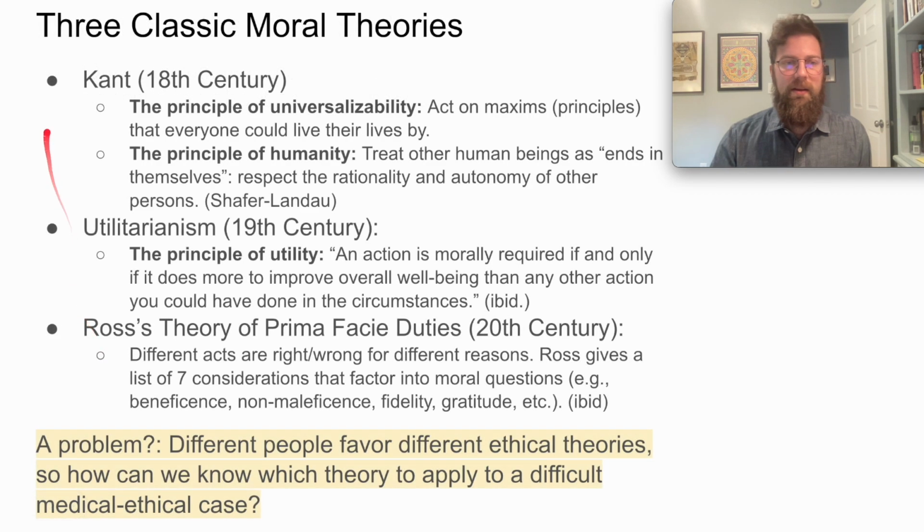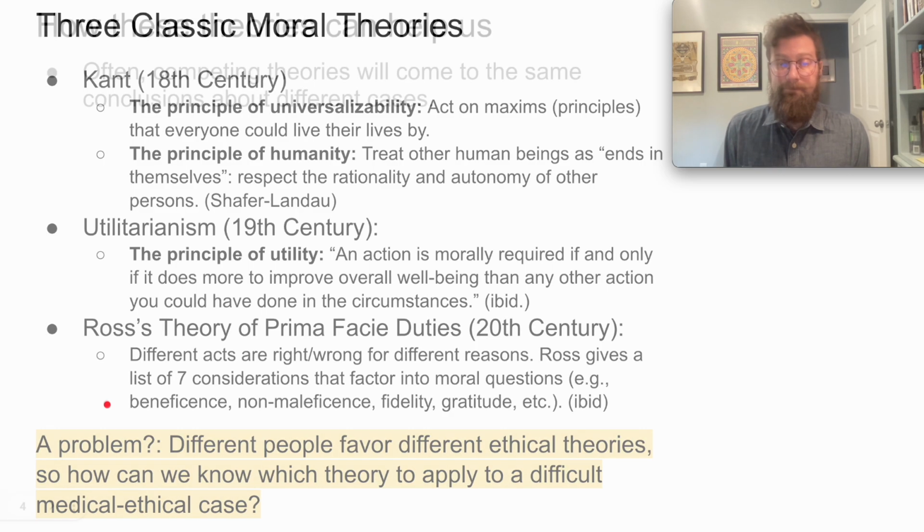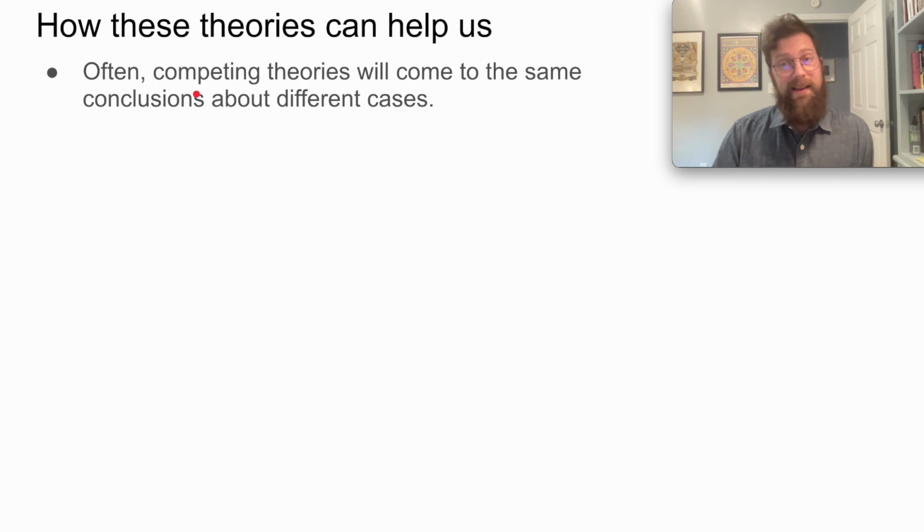So for instance, Kant and his theory, utilitarianism, and the Rossian theory are all going to be able to give us a way of explaining why it's wrong to murder people, why it's wrong to lie and cheat and steal. That competing theories will actually come to the same conclusion about many cases.